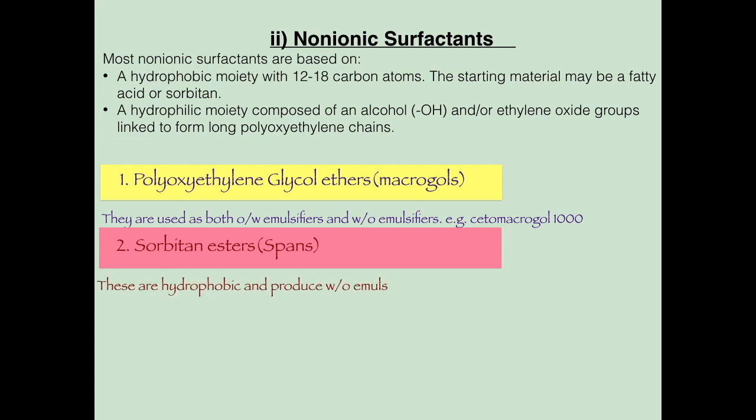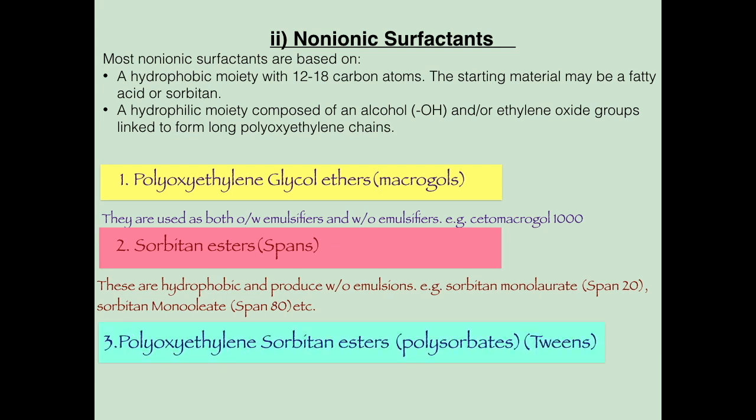For example, sorbitol monolaurate, which is known as SPAN 20, and sorbitol monooleate, which is known as SPAN 80. Other examples are sorbitol monopalmitate, which is known as SPAN 40, and sorbitol monostearate, which is known as SPAN 60. These are hydrophobic and produce oil in water emulsions.